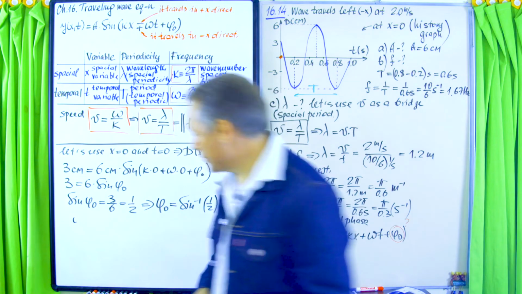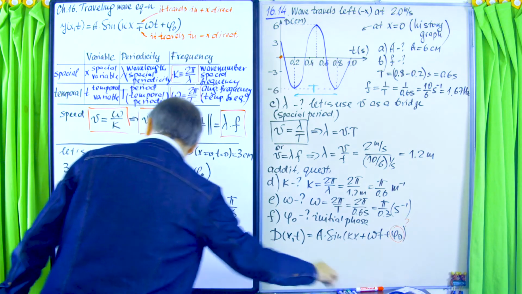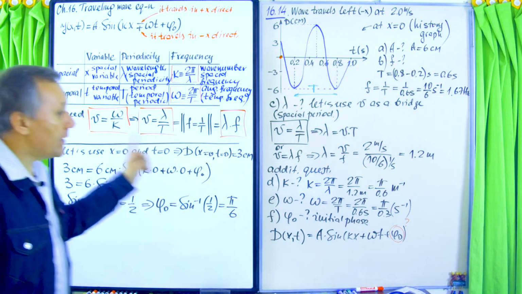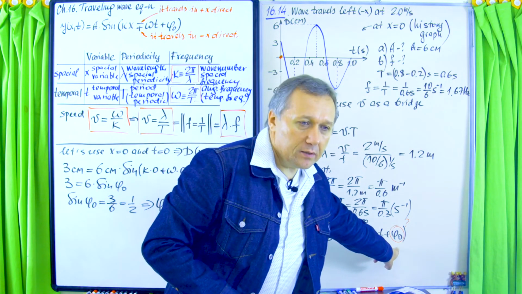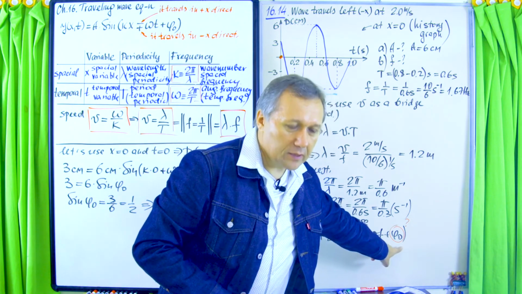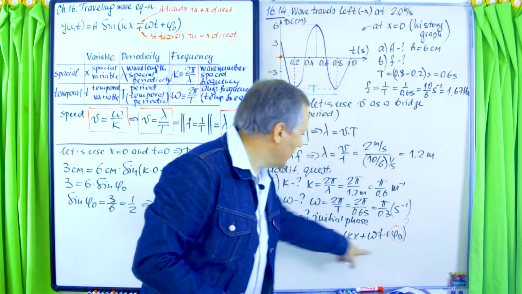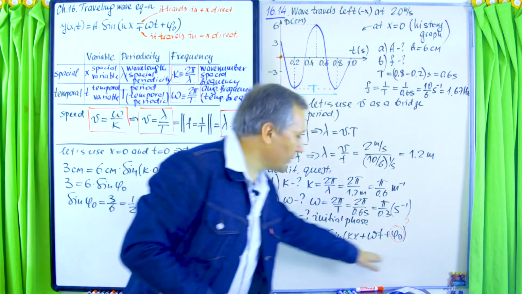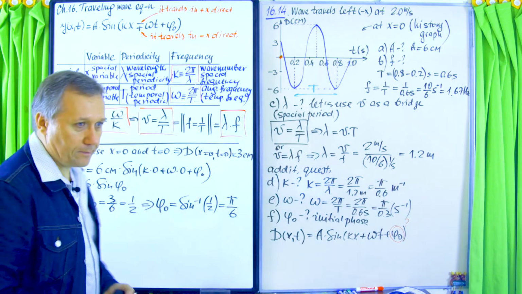And as a result, I remember all those values by heart. So that's our initial phase. And initial phase must be in radians. You cannot use degrees. All these terms in this parenthesis are in radians.